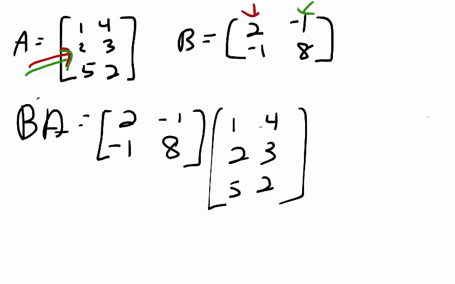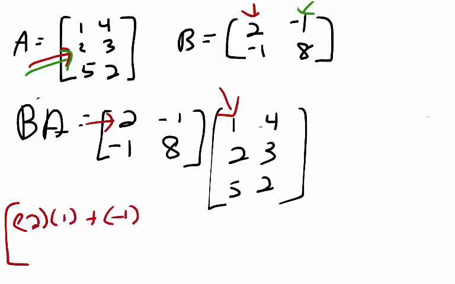So let's begin our multiplication. We have row 1, column 1 to start. So that gives us 2 times 1 plus -1 times 2.